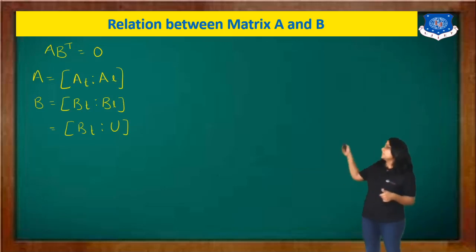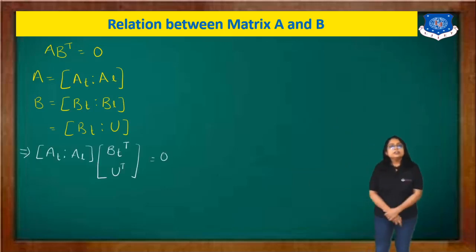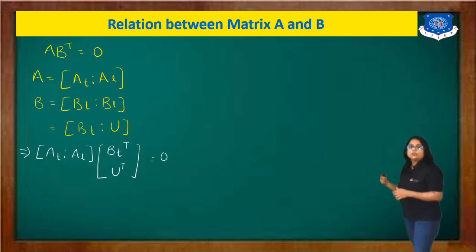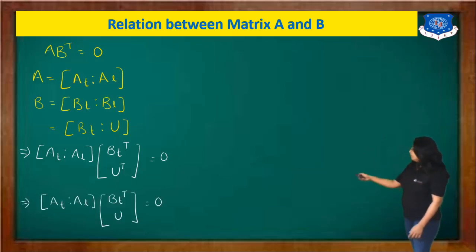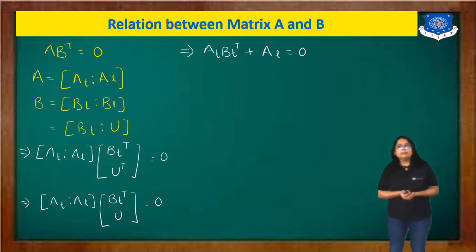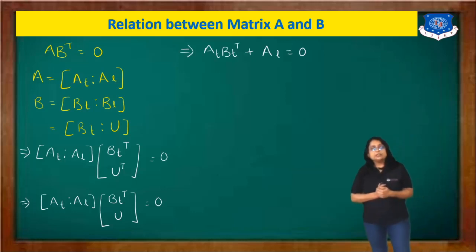Now, you just put this into this relation: AT, and transpose, that is BT transpose and then U transpose. Now, you just multiply this. So what do you get? Before that, U transpose equals a unit matrix. Now, if we multiply, we will get AT BT transpose plus AL equal to 0.